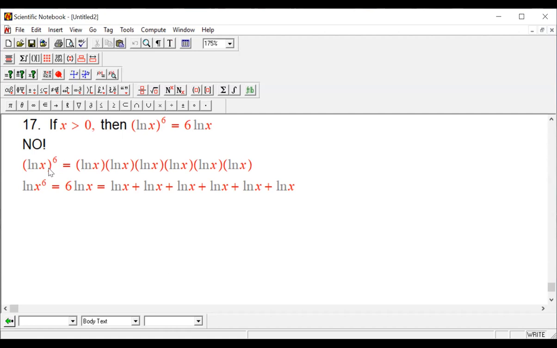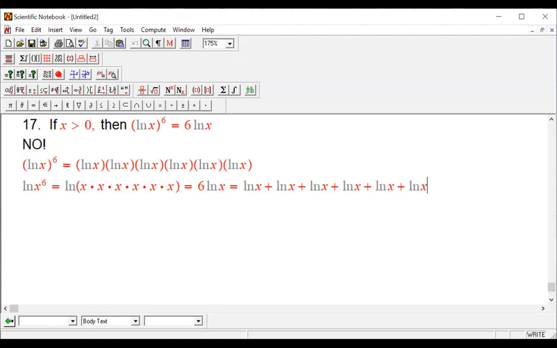The first one's power is for ln x, but this power is for x to the power 6. So in this case it's x times x times x times x times x times x, 6 times. Make sure you understand that.